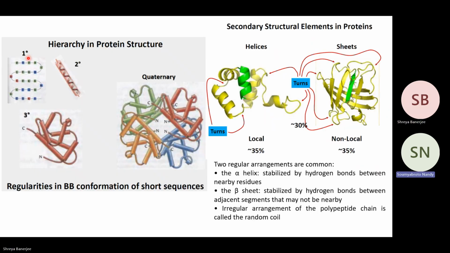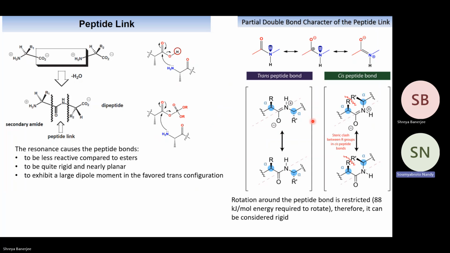Ma'am, please explain the trans and cis bonding once more. Okay, so you can see this peptide bond, CONH. In CONH, this is one C alpha, this is another C alpha, and this is the double bond.